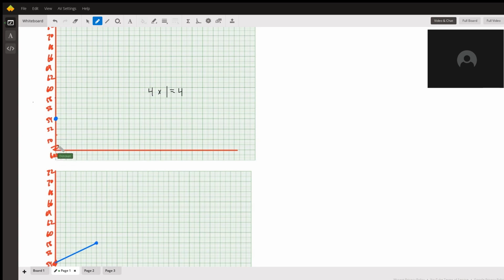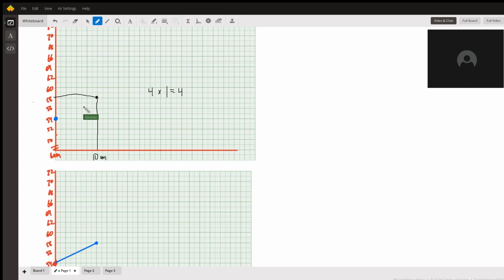So how long is that? We're going to meet at 58 degrees Fahrenheit 4 hours later. 4 hours later from 6 a.m. is 10 a.m., right? So 6, 7, 8, 9, 10. So my next point is going to meet at 10 a.m. and 58 degrees, and that tells me exactly where I'm going to want to identify my next intersection.